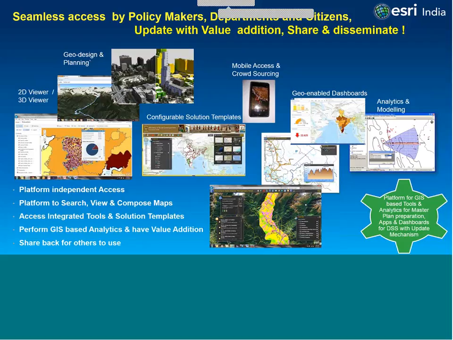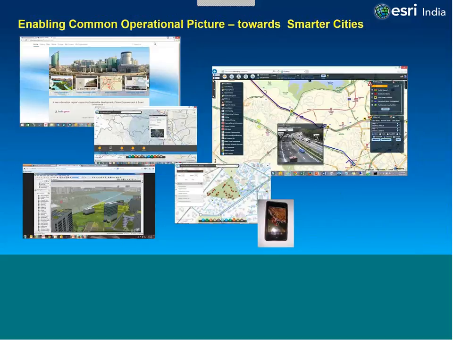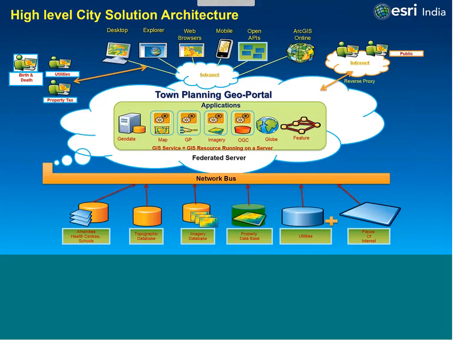When we are talking about smart city applications and various reform applications, this GIS platform provides ready-to-use configurable solution templates which can be leveraged for various requirements, creating a smarter city initiative and supporting that initiative.